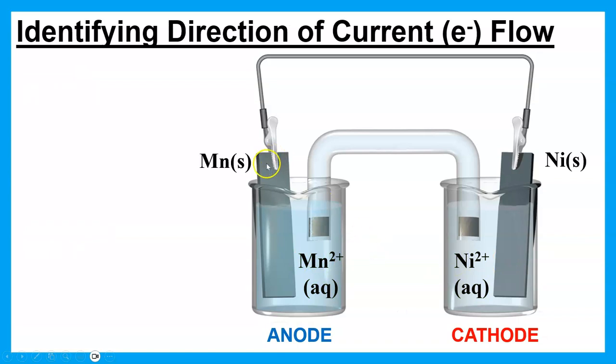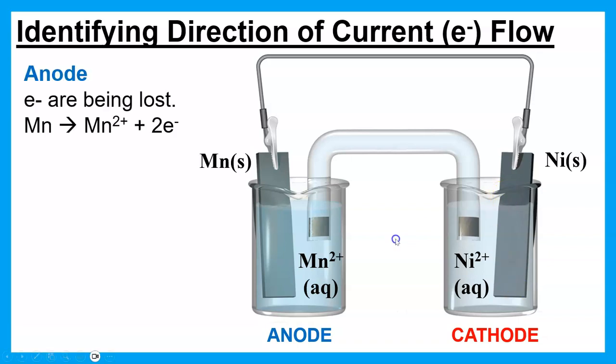Now we have electrodes labeled, we have anode and cathode, we have our solutions, and now we got to label which direction the electrons are going to flow. Where is the current going to go? What direction are they moving? We saw earlier that the anode side is where electrons are being lost. Then they have to go somewhere, right?